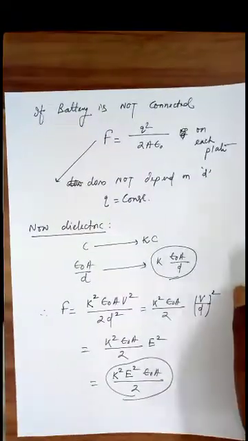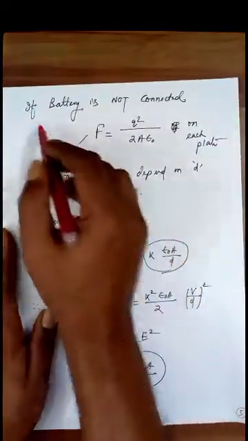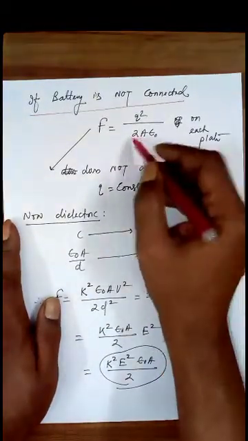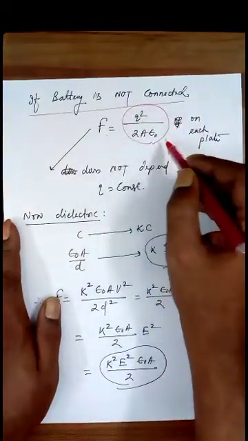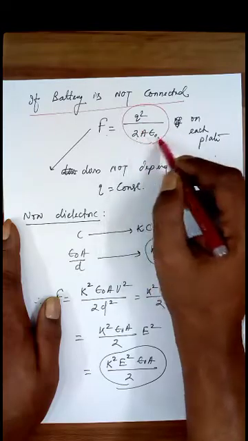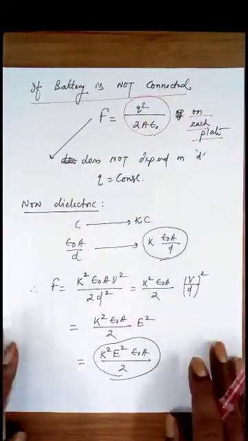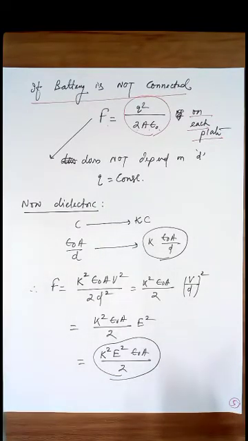Now if the battery is not connected, this was the force we had derived on each plate, Q square over 2A epsilon naught. It means first the battery is connected, so the two plates are charged, then the battery is removed, so the charge on the plates remains constant.